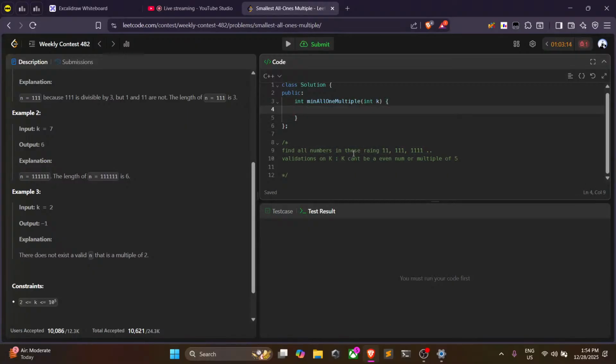So basically, if k is a multiple of 5 or even, then we should return -1. In the other case, we can have an answer.